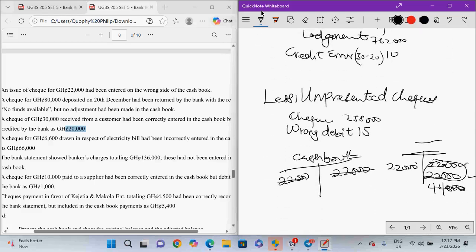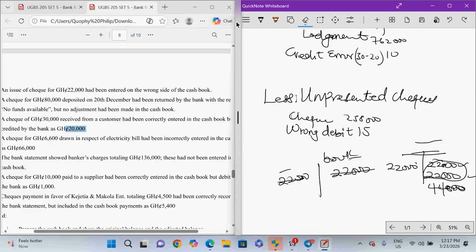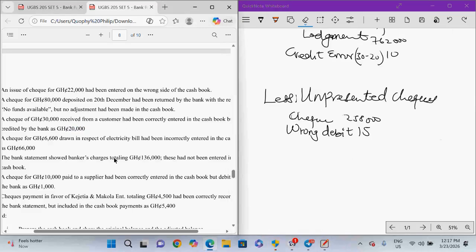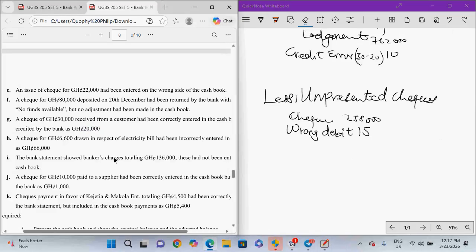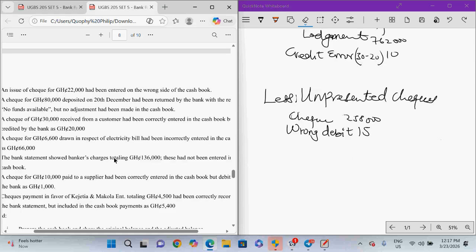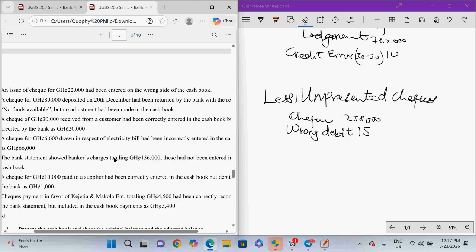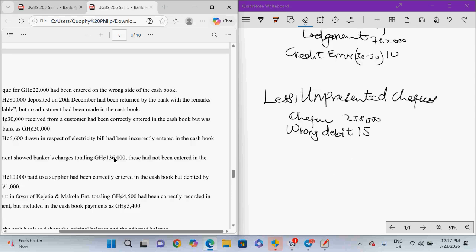What else? A check for 6,600 drawn in respect of electricity bill had been incorrectly entered in the cash book. A check of 6,600 drawn. Drawn means what? Paid. Paid in respect of electricity bill had been incorrectly entered in the cash book.